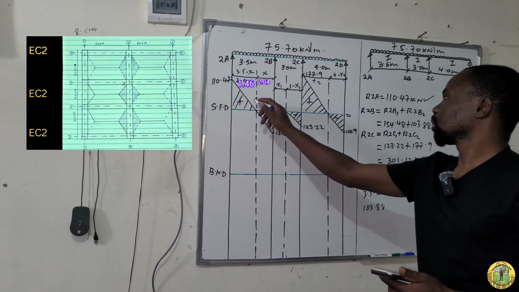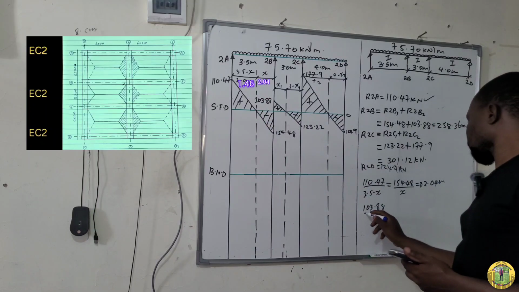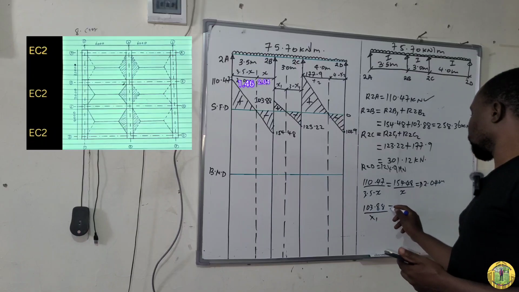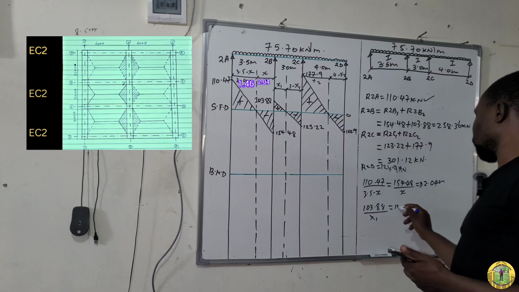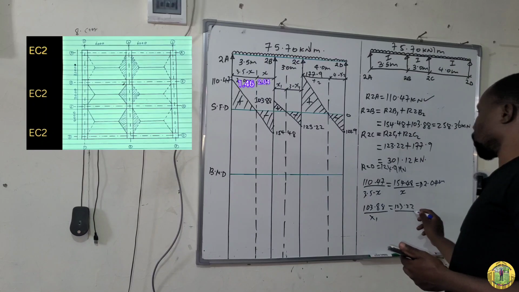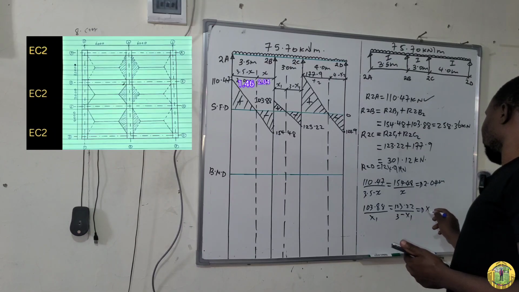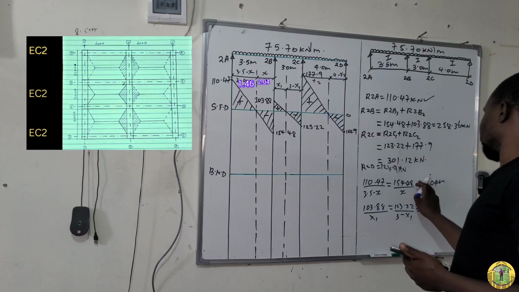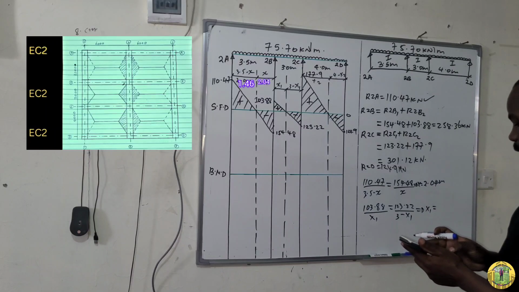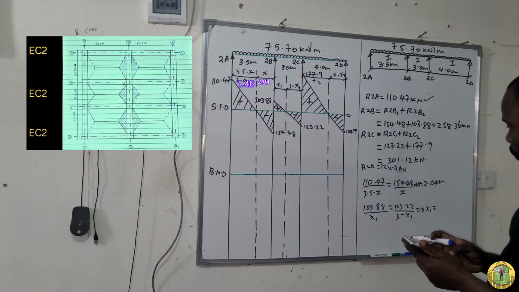This is 103.88 over X1 is equal to 123.22 over 3 minus X1, which implies X1 is equal to 103.88 times 3 divided by 123.22 plus 103.88.